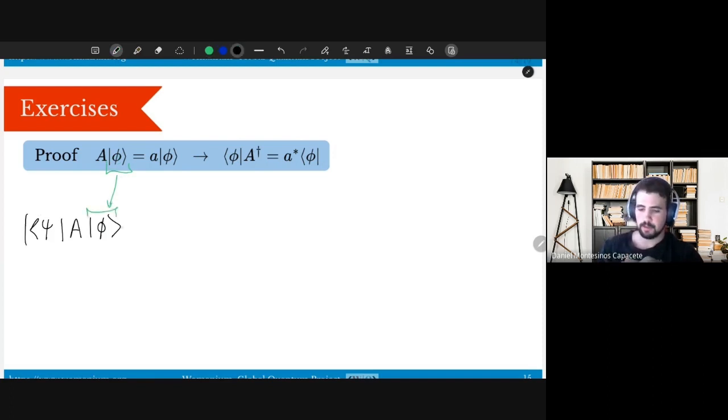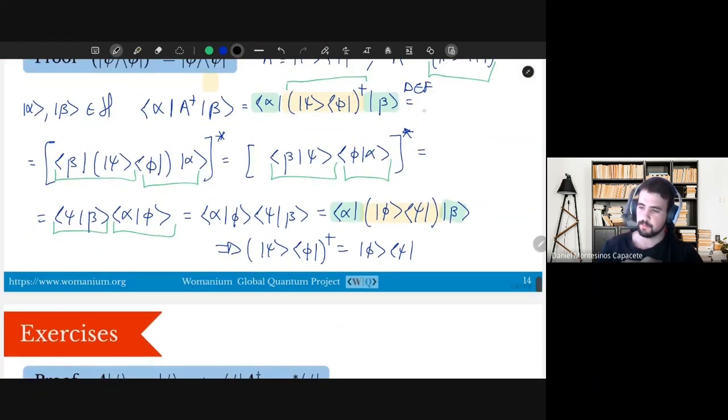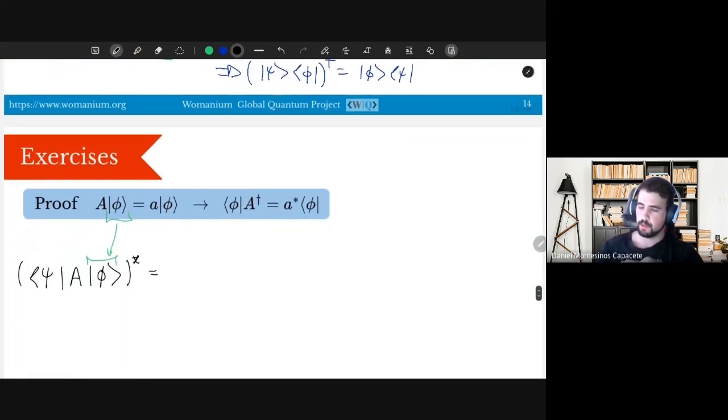And let's take the complex conjugate of this expression. By definition, again, and this is the same as I have done here, this is going to be this. This is where the adjoint can be confusing with the notation, but things are like they are.